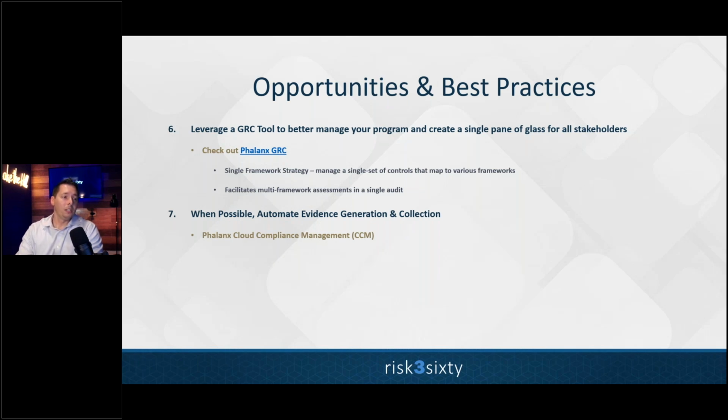Well, CCM allows you to ingest that evidence in an automated fashion so that we're not having to do extensive walkthroughs or collect a lot of evidence that would require your team to pull that evidence. The cloud service providers have largely seen that this is a problem, and they've allowed companies like ours to go ahead and ingest that information in an automated fashion, which again reduces a lot of effort on the internal team.